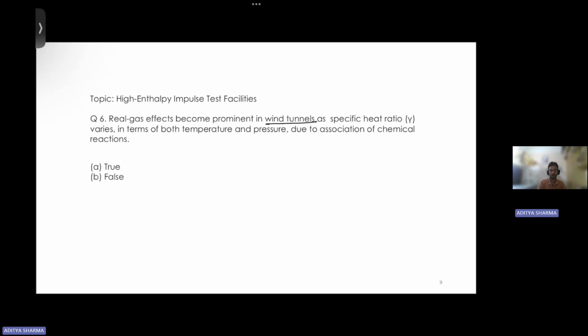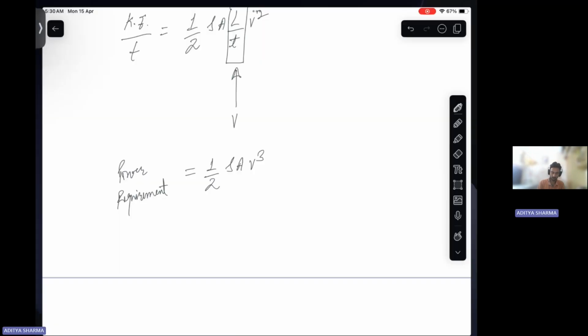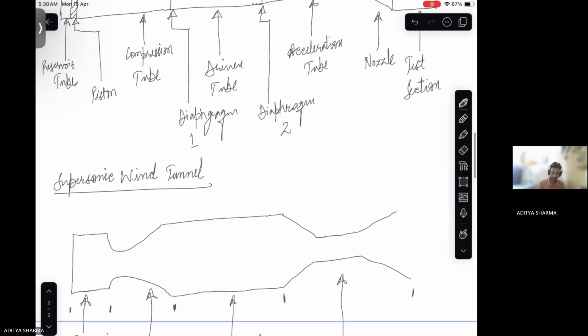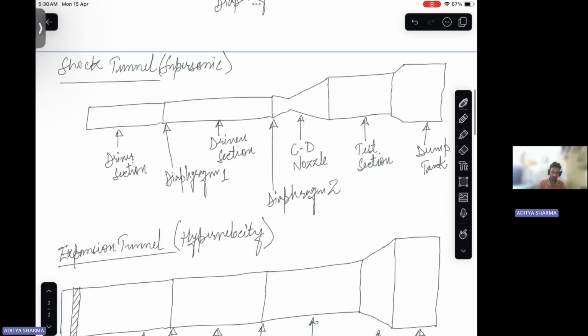In a shock tunnel we have to burst two diaphragms, right? If you see a shock tunnel, we have two diaphragms that we need to burst.